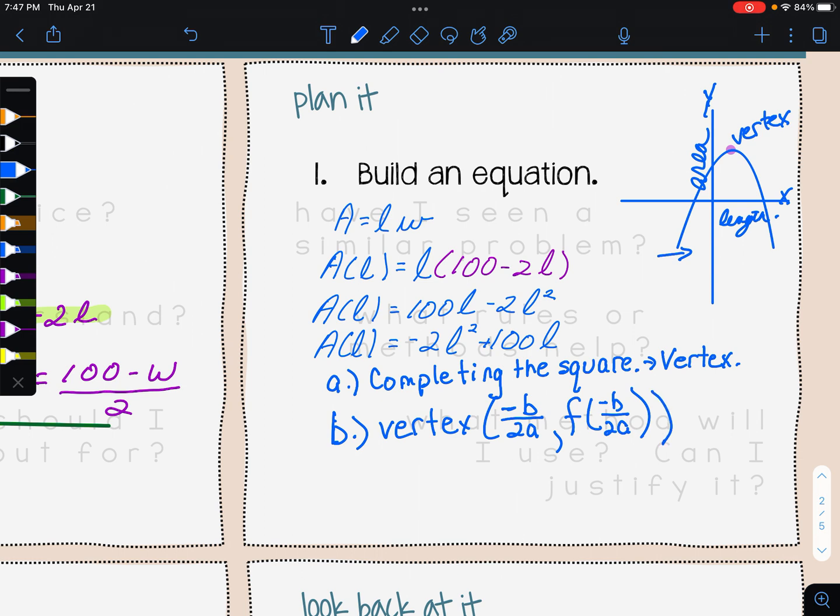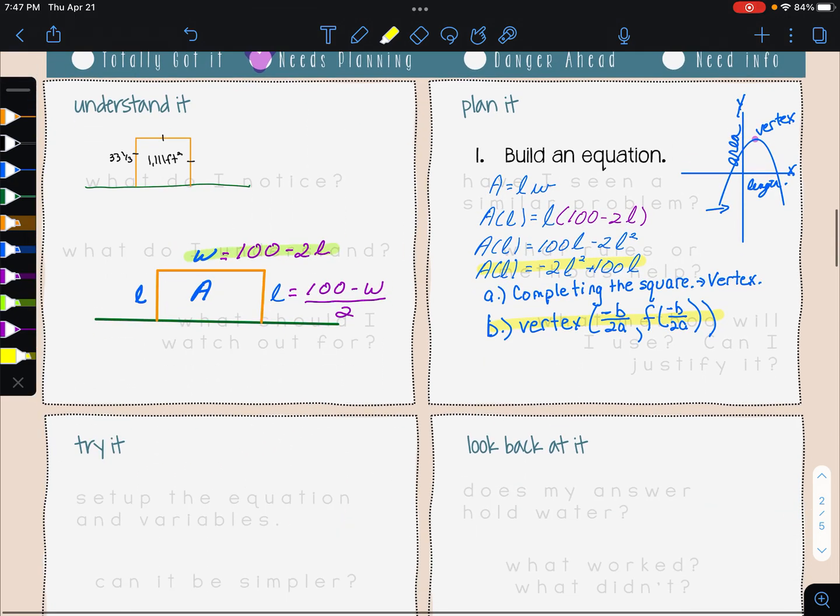And we need a closing parenthesis there. So I think we have our two equations that we need to solve this. Let's move on to the try it stage, and let's take these equations along with us.